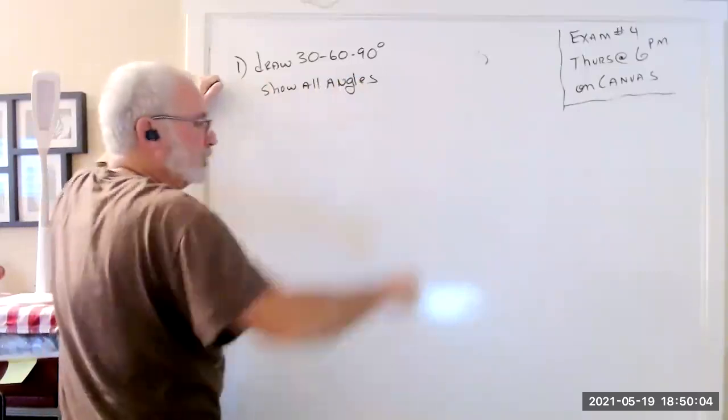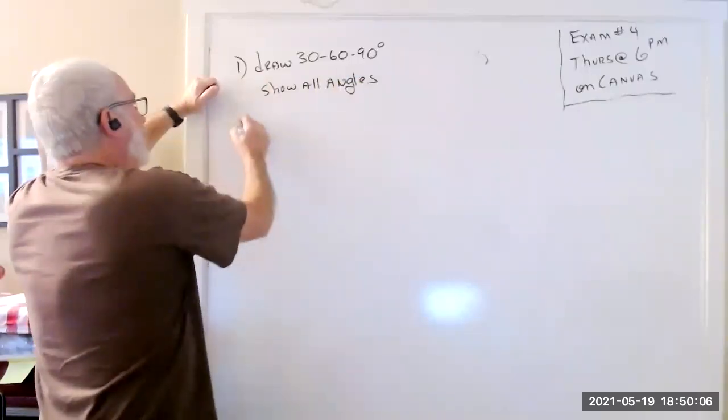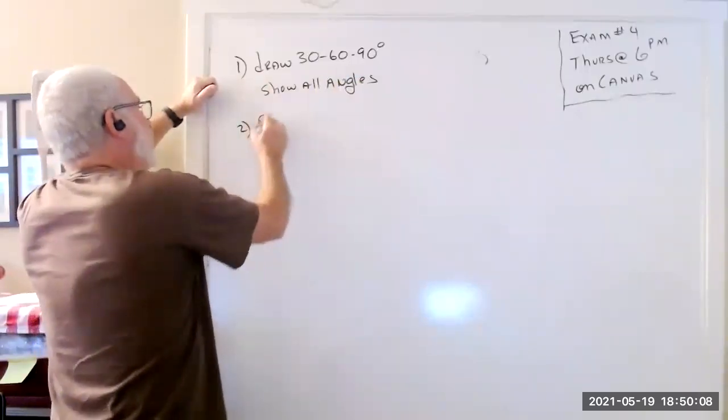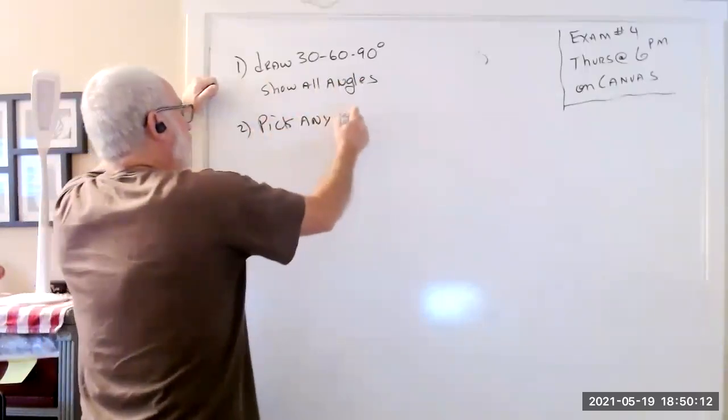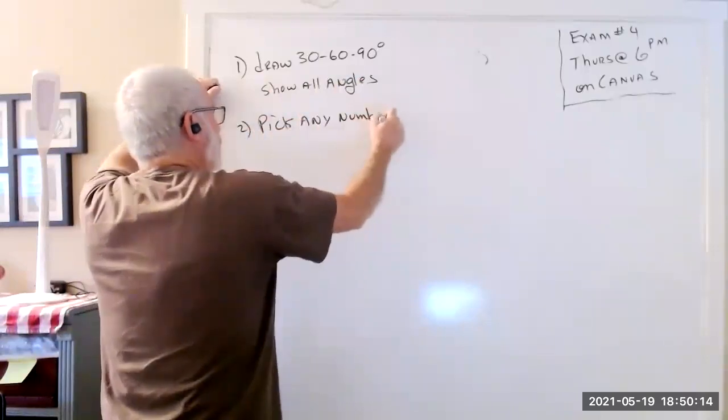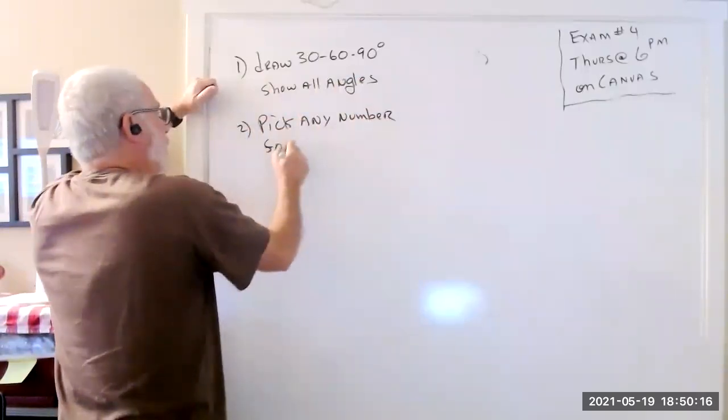Put the 30, 60, 90 in. I want you to pick any number for the hypotenuse.